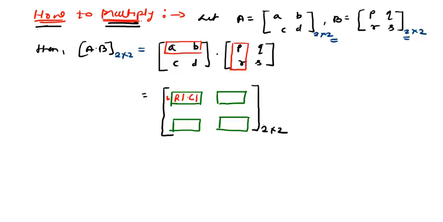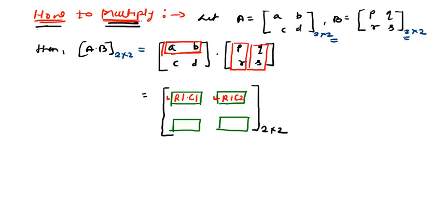Then this entry will be obtained using the first row and the second column of the second matrix. So this will be obtained using R1 and C2.